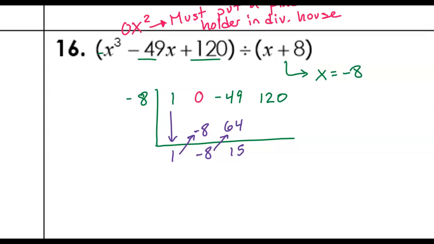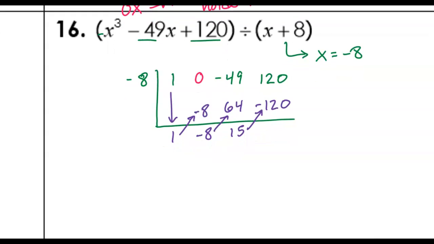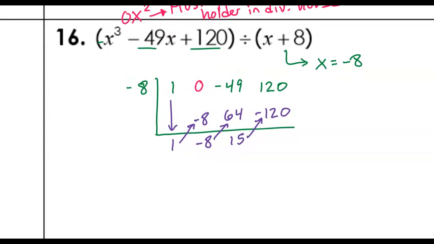And then I multiply negative 8 times 15. So 8 times 10 is 80, 8 times 5 is 40, so that's 120, and that's a negative 120. So I do 120 minus 120, and I get 0.